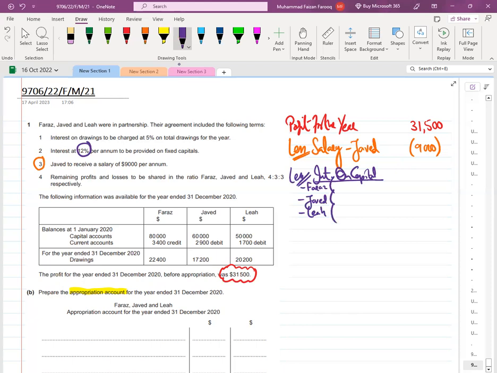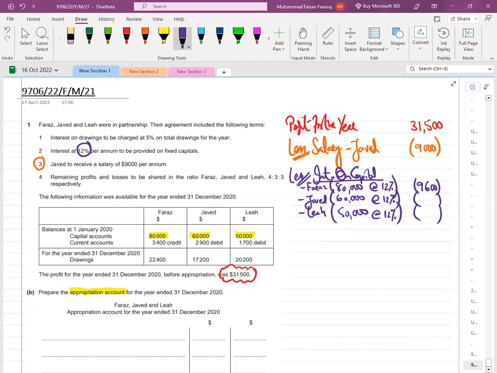Interest on capital applies as a percentage on the amount of capital, which is given to you: 80,000, 60,000, and 50,000. So 80,000 into 12%, if I calculate it on the calculator, comes to 9,600.